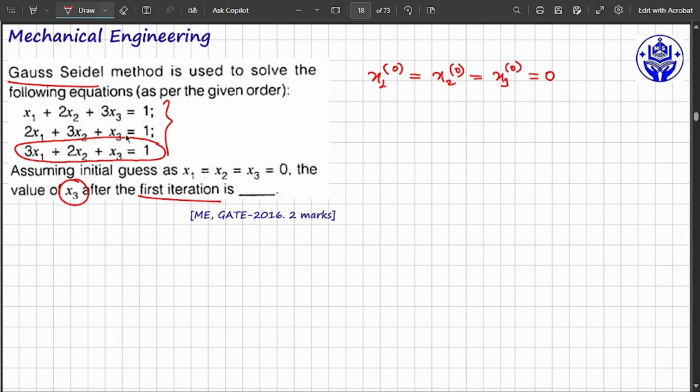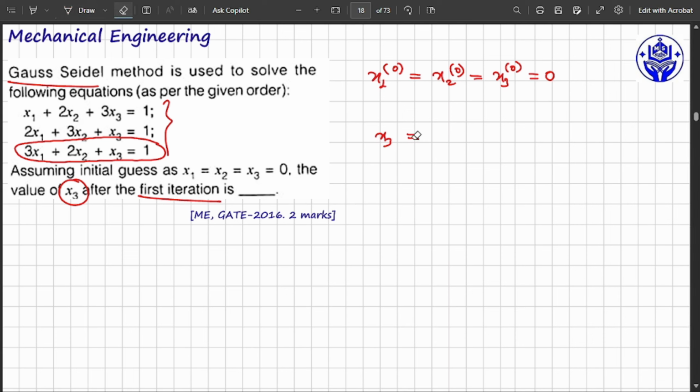In this case, what is x3? Because it is just independent. We are solving using the Gauss-Seidel method. In the Gauss-Seidel method, what is the value of x3? x3 is nothing but, you are using x1, x2.